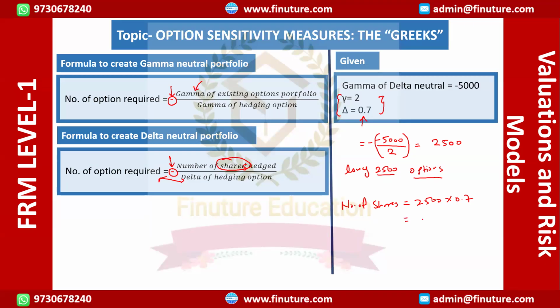So it would be equal to 1750. And of course, this negative sign here, because delta is positive and the number of options is positive, it's long also. So this would be negative 1750. So the number of shares you will sell to make your portfolio delta neutral again is 1750. So the right option should have long 2500 options and short 1750 shares.